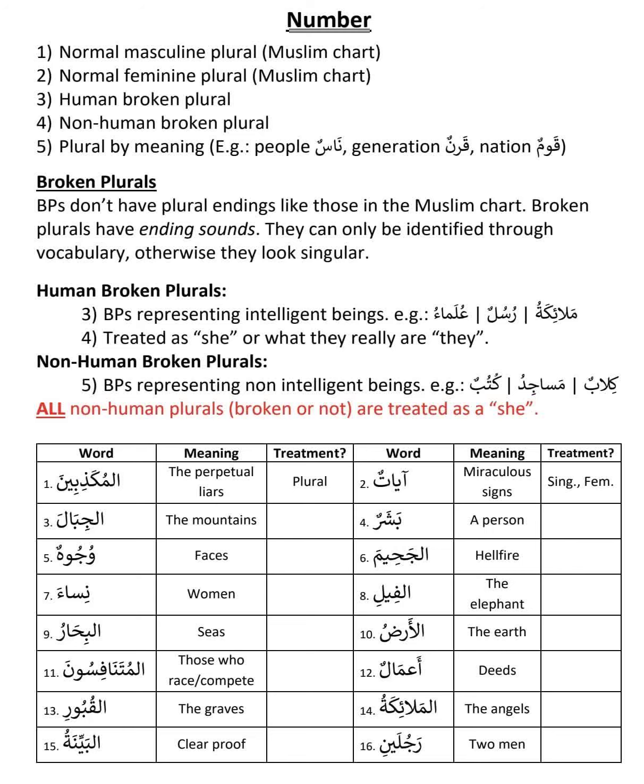Grammatically it is not actually, but they are considering it as singular feminine. What does it mean? Say, for example, the word kutubun. If an Arab is communicating with you in Arabic, I would just translate his words. He will say, I have read lots of books, or I have read these books.